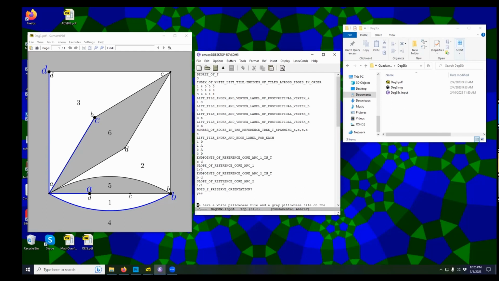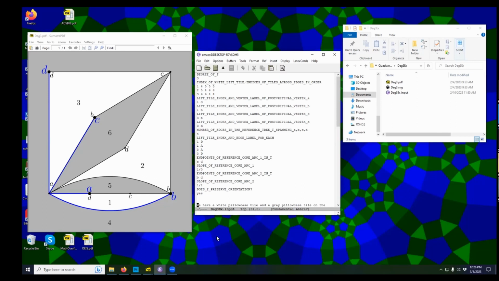Is that correct? Absolutely. The point is to identify our 2 spheres. The lift complex with its labeling gives us a map, and now we have to identify the 2 spheres, and choosing this tree and these slopes gives us a way of identifying the 2 spheres.